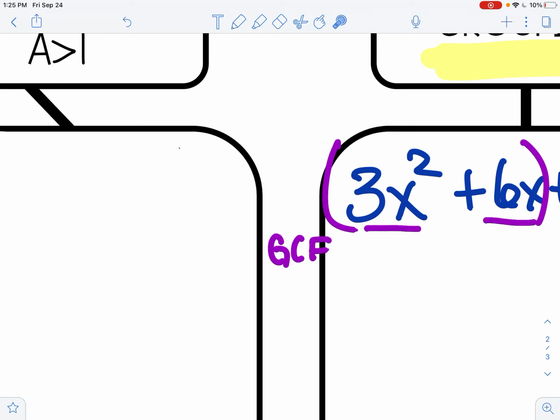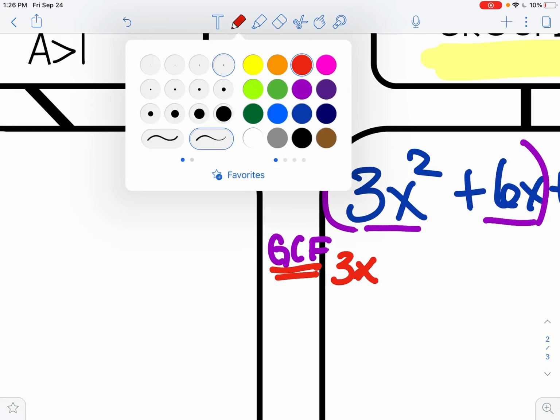Well, let's just look at the coefficients, 3 and 6. I know that both 3 and 6 can be divided by 3, so I'm going to pull out the 3. I also know that x squared and x can be divided by x. So I've got 3x as the GCF of that one.